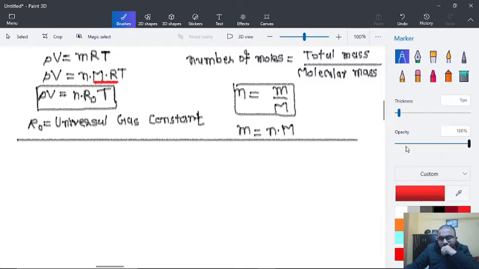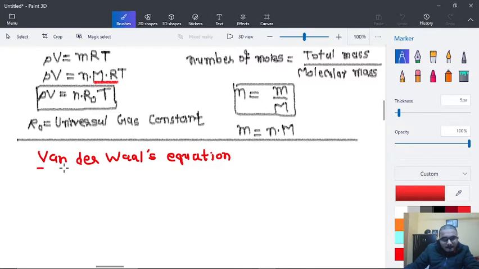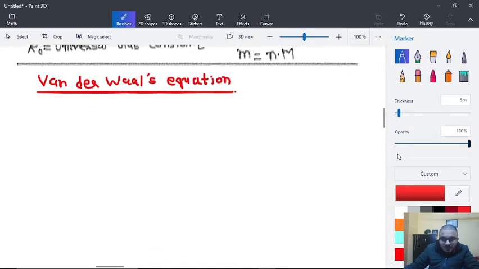that is van der Waals equation. So why do we require van der Waals equation when we already have ideal gas equation?